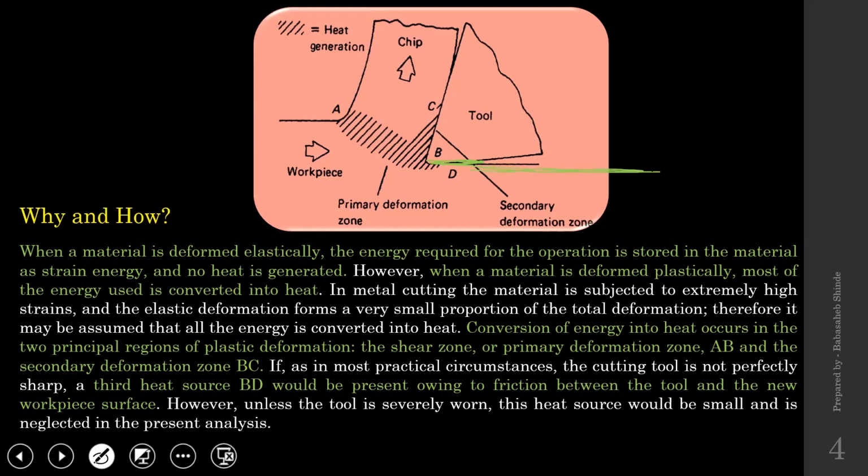This surface is a finished workpiece surface because the tool is going to move in this direction while removing the workpiece material. So a certain portion of the cutting tool starts rubbing with the finished work surface, and that results in heat generation because of the friction between those two. So that is the third zone, that is called BD.